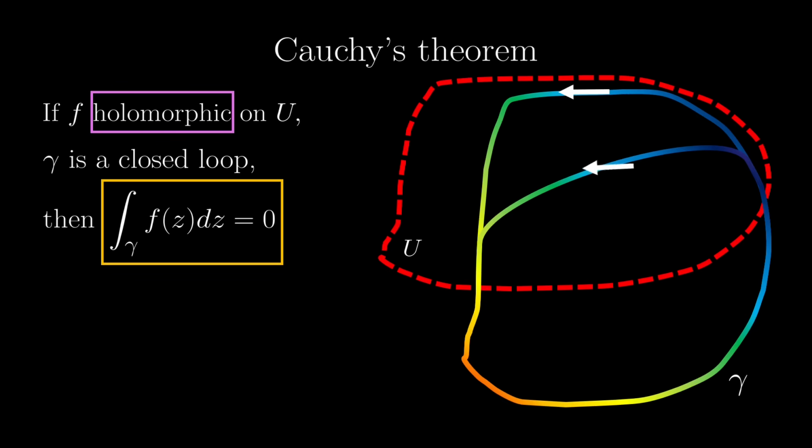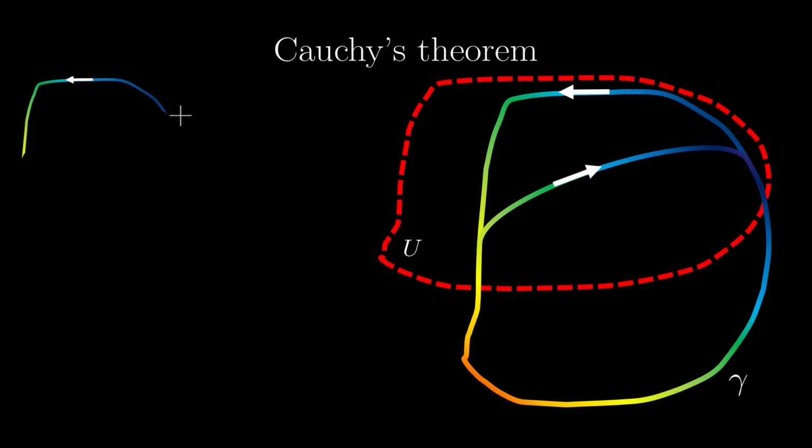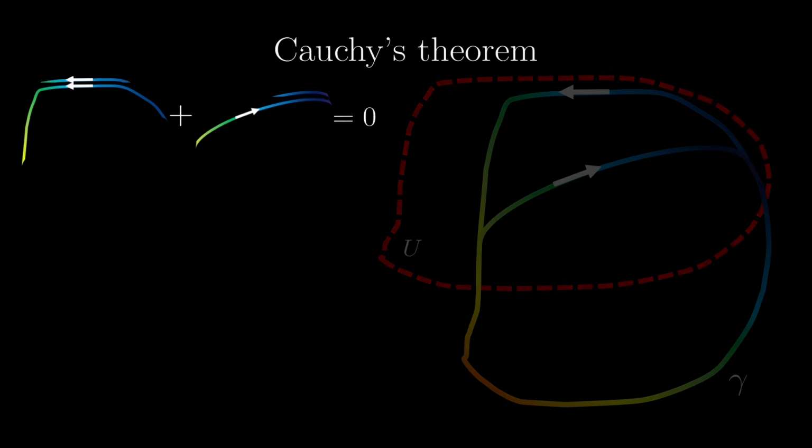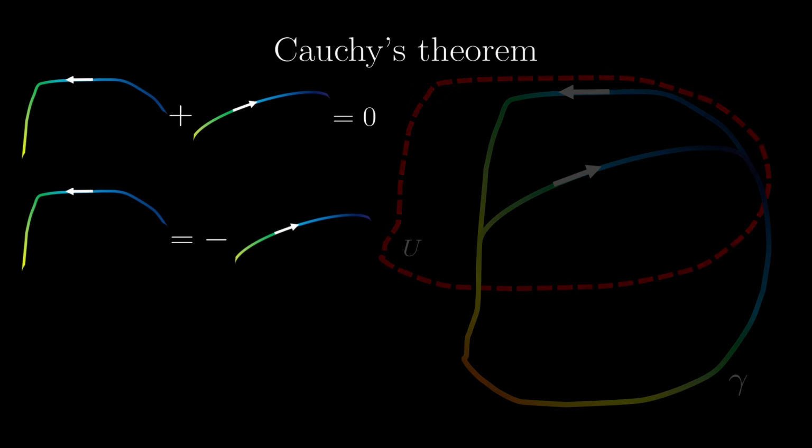Well, if we reverse direction in one of those sections, then applying this theorem, the integral would be 0. More specifically, the integrals along the different sections add up to 0, and so they are negative of each other, but the negative sign can be cancelled by reversing the direction we integrate along, and so these contours would give us the same integral.